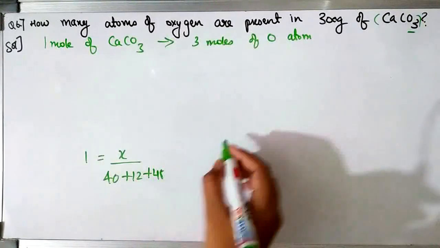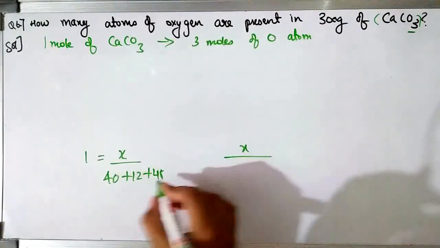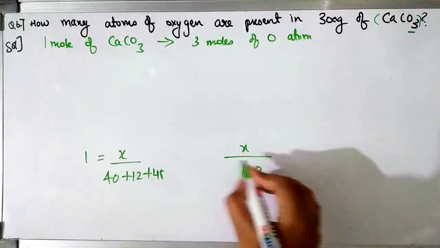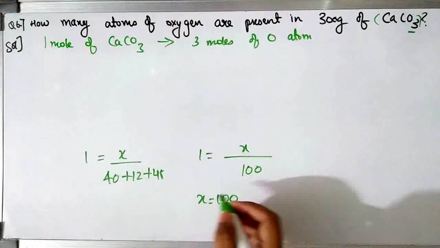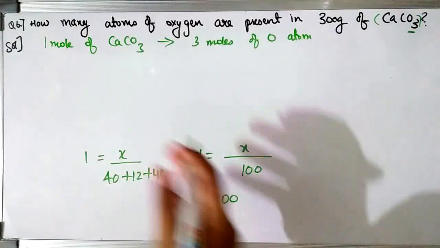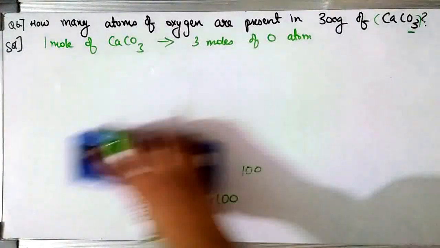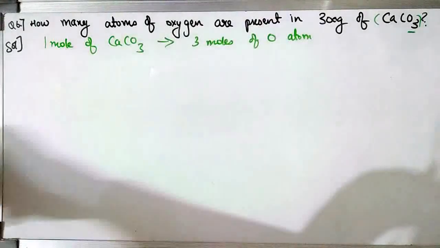So x by 100 is equal to 1, so x is equal to 100. So 100 will be the mass of calcium carbonate when it is having 1 mole, so 1 mole of calcium carbonate will be 100 grams.